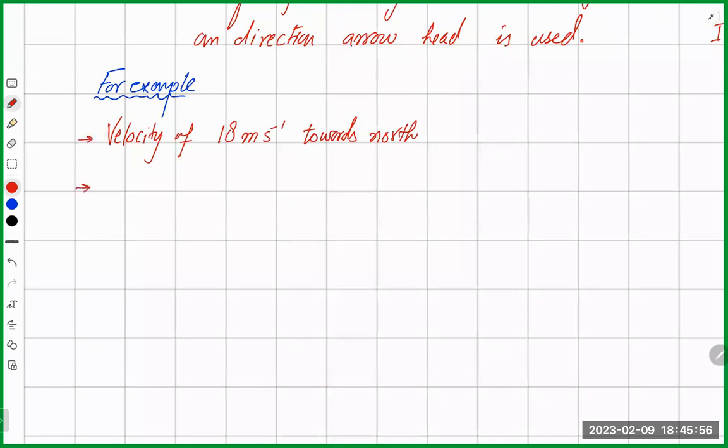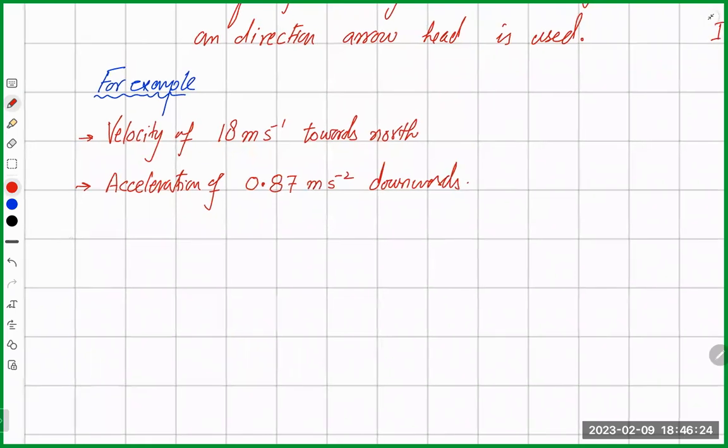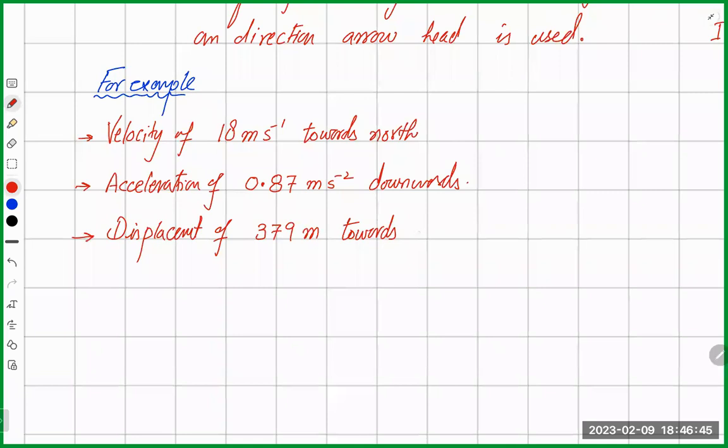Number two, acceleration of 0.87 meter per second square downwards. Displacement of 379 meter towards east.